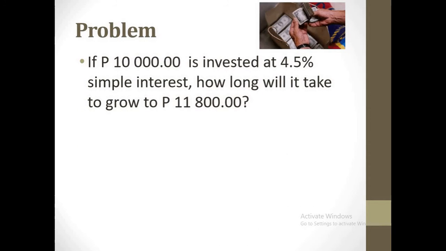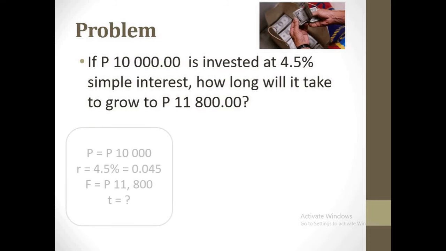If 10,000 pesos is invested at 4.5% simple interest, how long will it take to grow to 11,800 pesos? So P or the principal here is 10,000 pesos. The rate is 4.5% or 0.045.